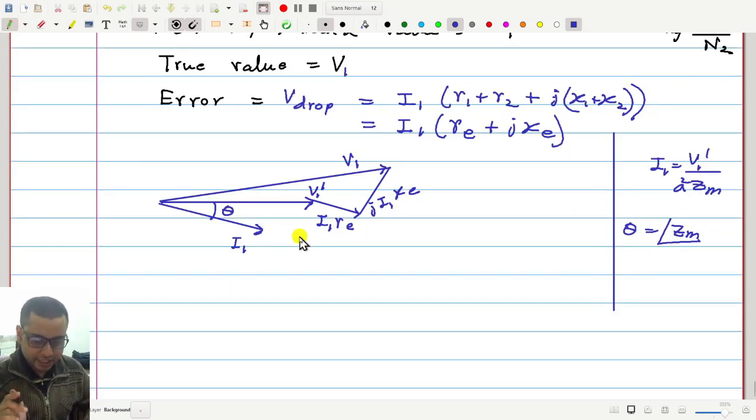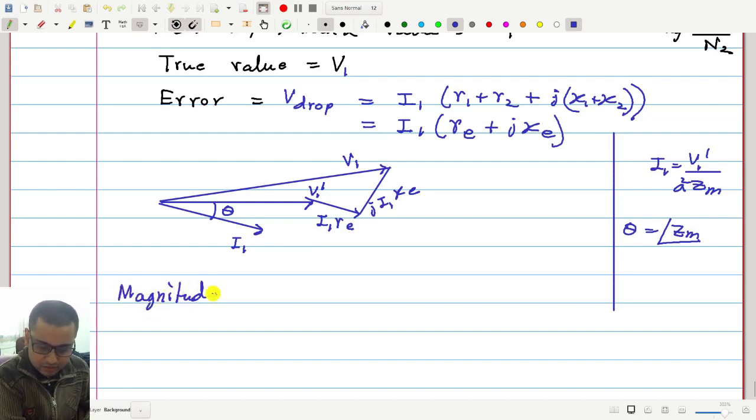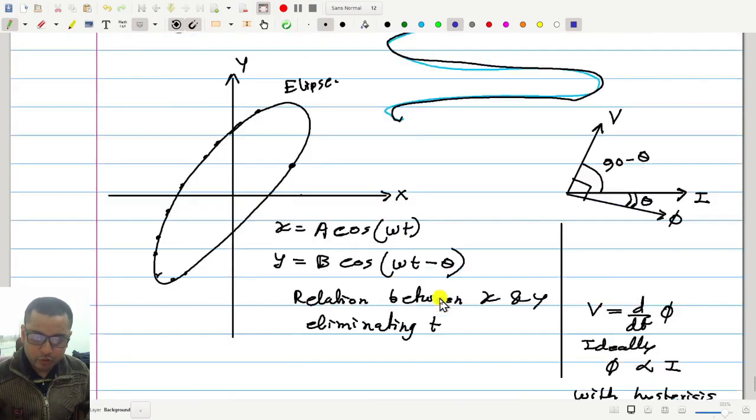Now how much is the error? So magnitude error, per unit magnitude error, so let us go back to our general formula.